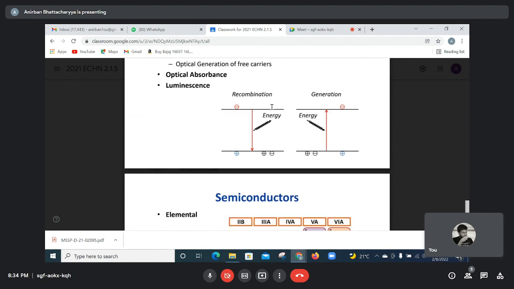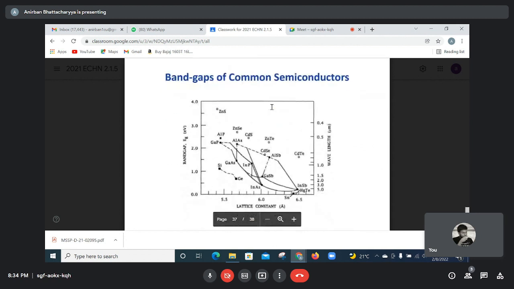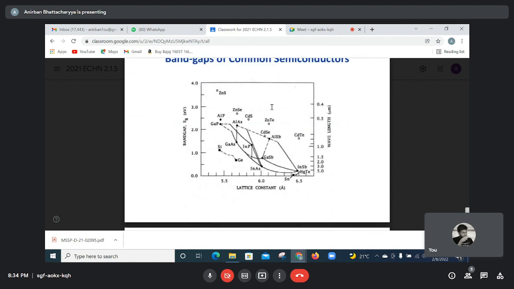Now, here we are plotting the band gaps. Depending on your requirement, it is not like we can accept any light. We might have a requirement for a light at a particular wavelength. So, how do you know which material will emit that wavelength?